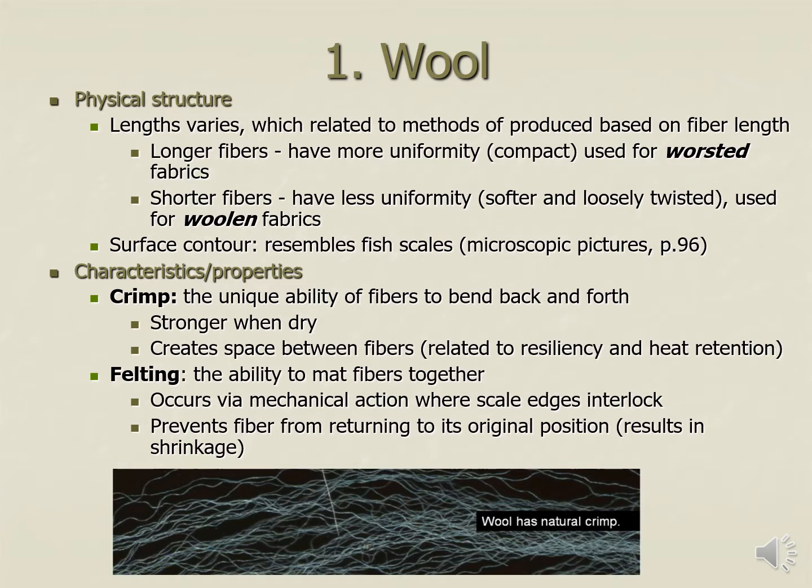I don't know how many of you have taken something wool and accidentally put it in the dryer and it shrinks down about 3 or 4 sizes. Well, that is what's happening, is felting. So that's not a good quality to have in a fiber, but it is definitely one of wool's most negative qualities.